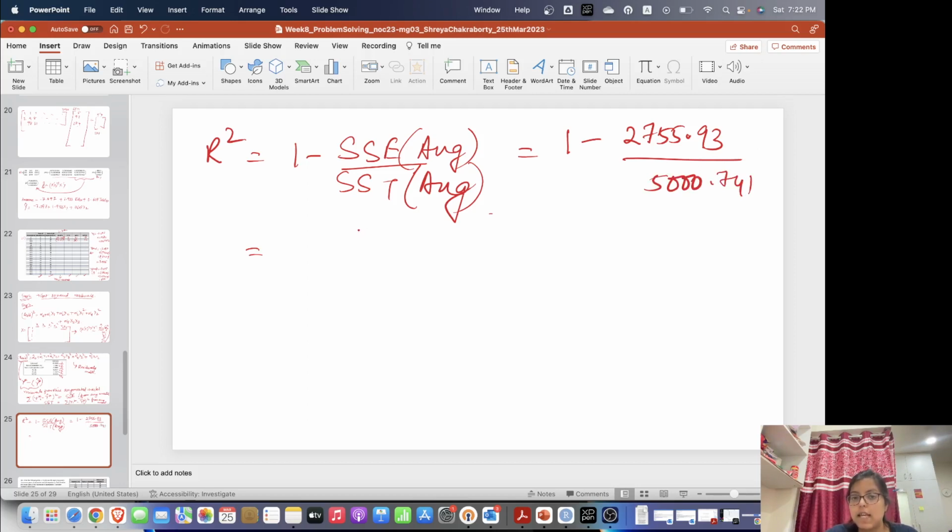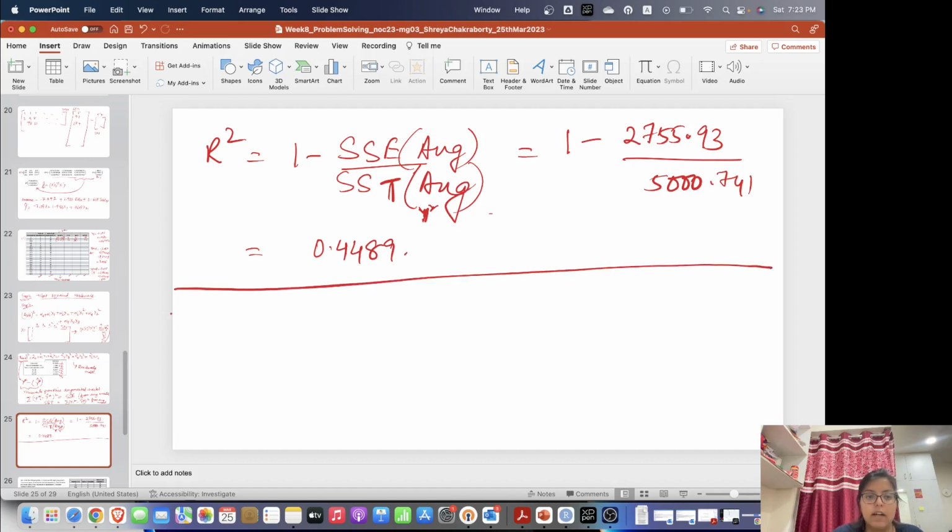Just remember this SST is with respect to y star from the augmented model. That is the squared residuals that correspond to the squared residuals from the original fitted model. So this R square comes out to be something around 0.4489. Okay, so till now our calculations are done.